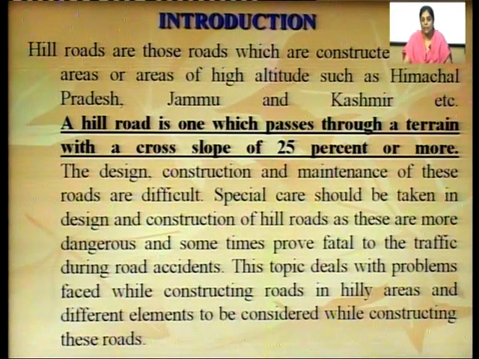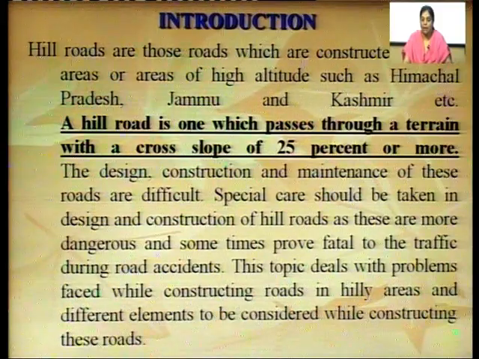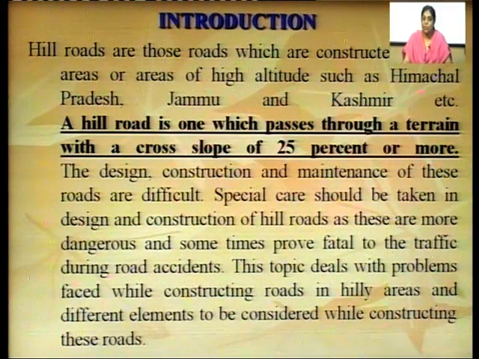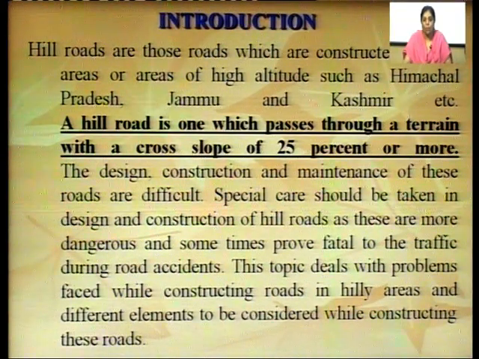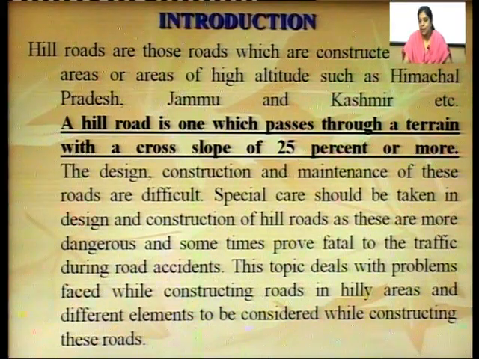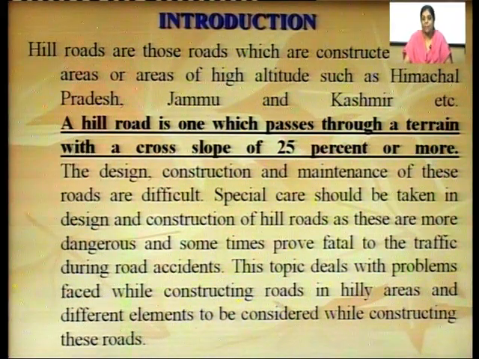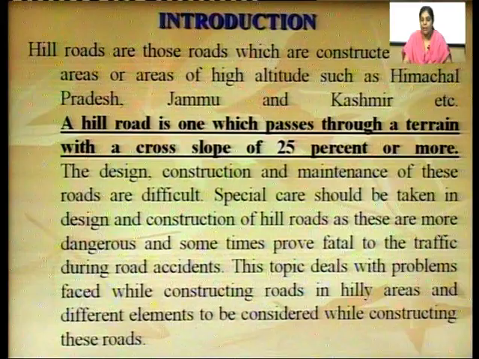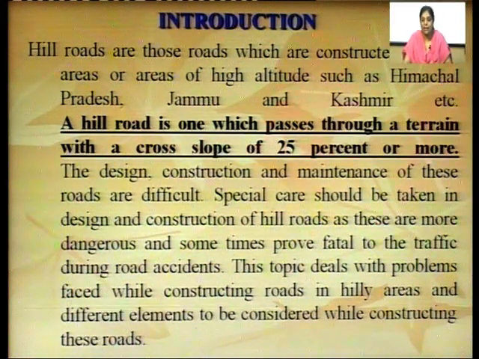If you have studied highway engineering, then you must know what the longitudinal gradient is, a slope which runs longitudinally. There is a rising gradient, there is a falling gradient, we call them ascending gradient or descending gradients.